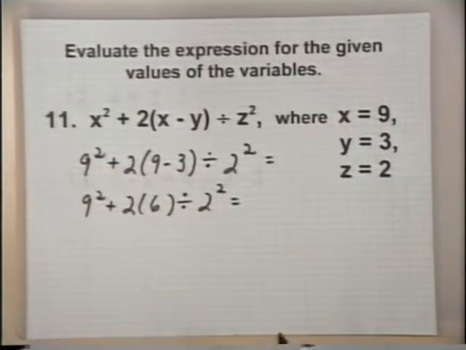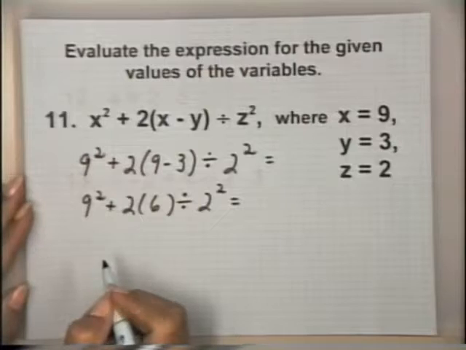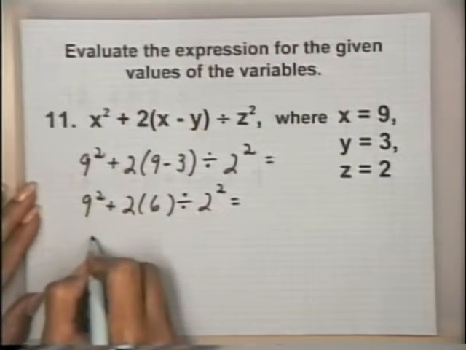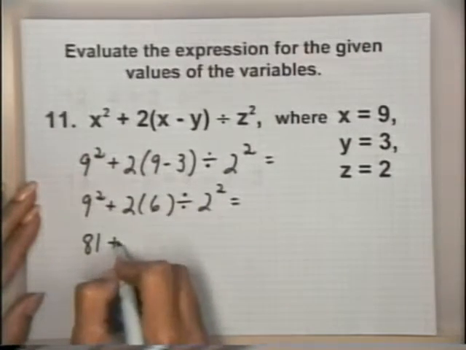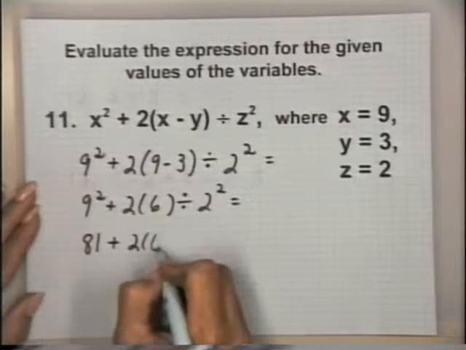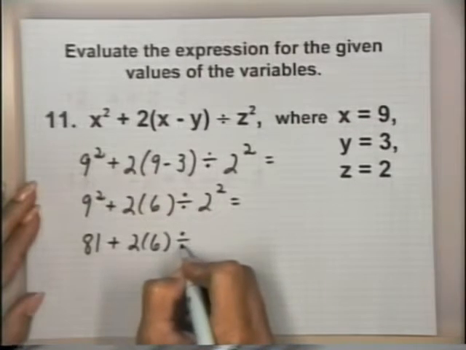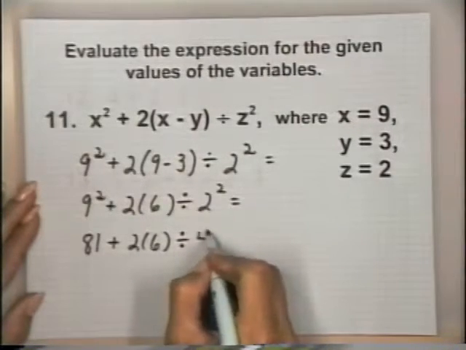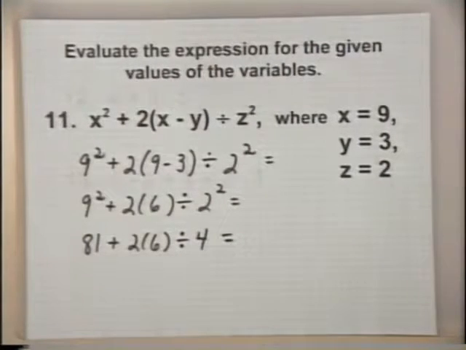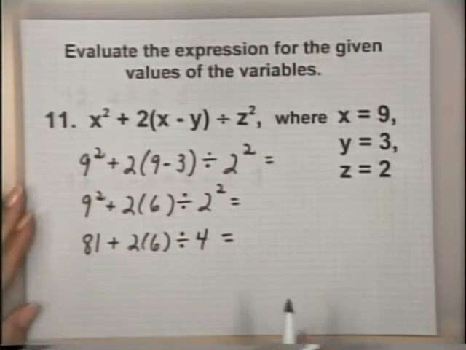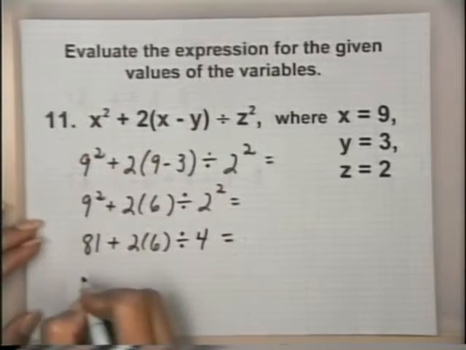Now let's evaluate our exponent expressions. 9 squared is 81 plus 2 times 6 divided by 2 squared is 4. We have taken care of exponents. Now let's work from left to right and multiply or divide.